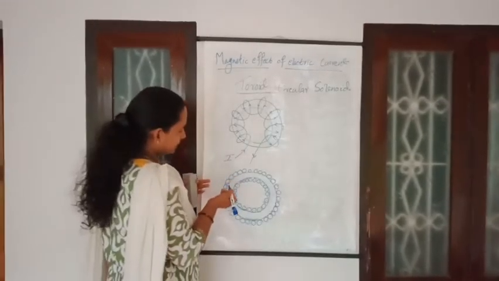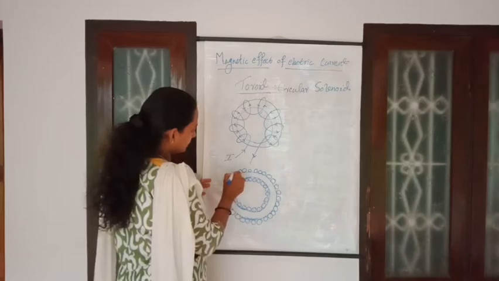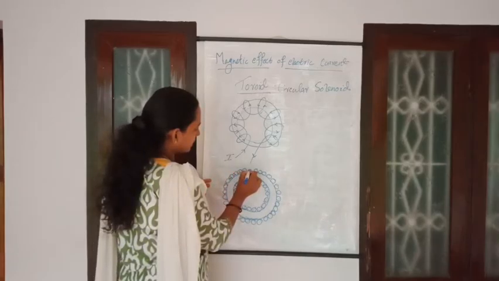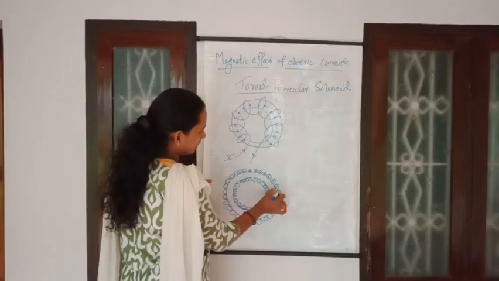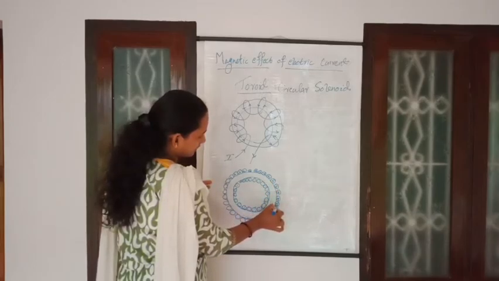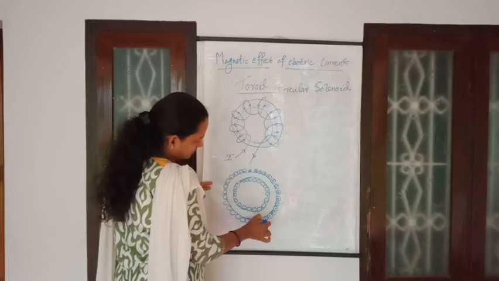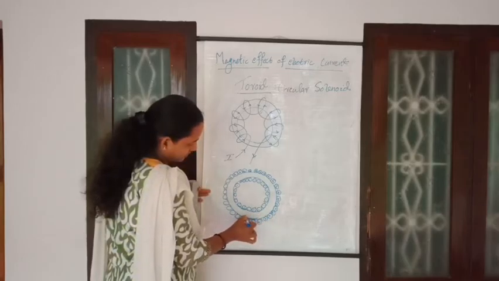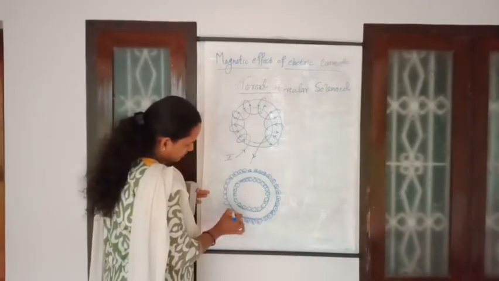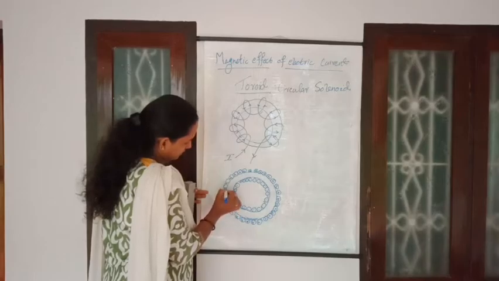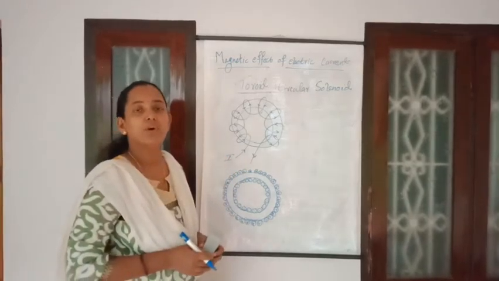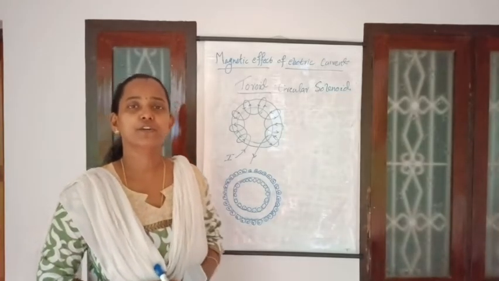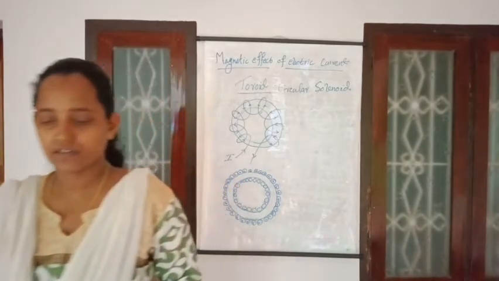Through the other end, it is outward. So here it is inward, outward like that. And we want to find the magnetic field produced by a toroid.